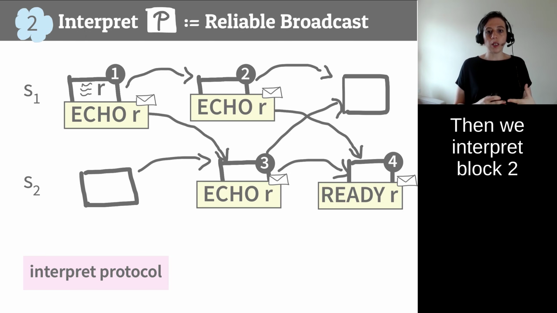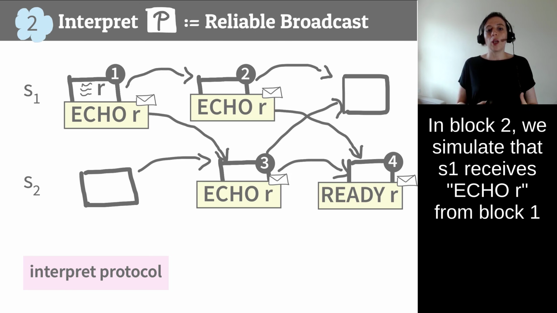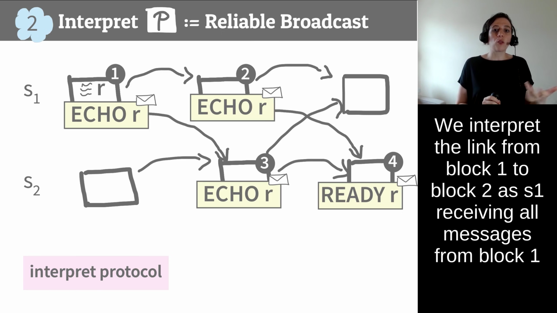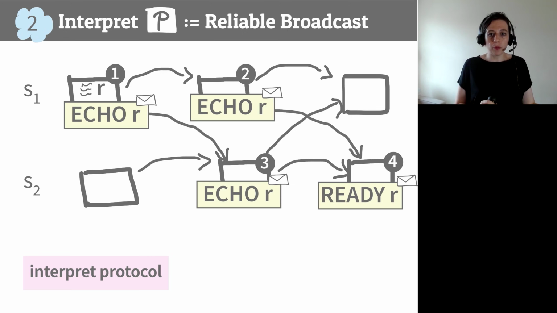Then we interpret block 2. In block 2 we simulate that S1 receives echo R from block 1. Now, S1 doesn't really receive this message from the network. We interpret the link from block 1 to block 2 as S1 receiving all messages from block 1.